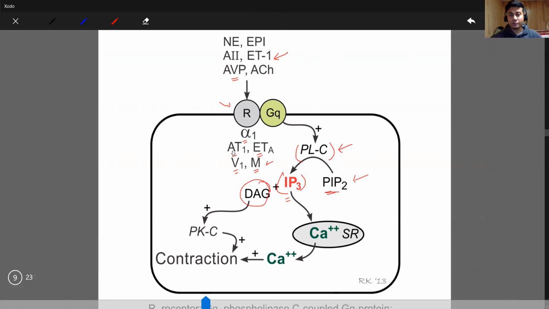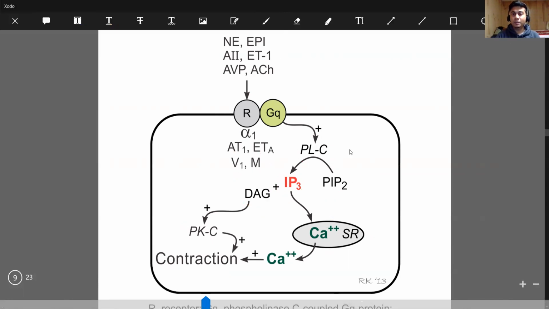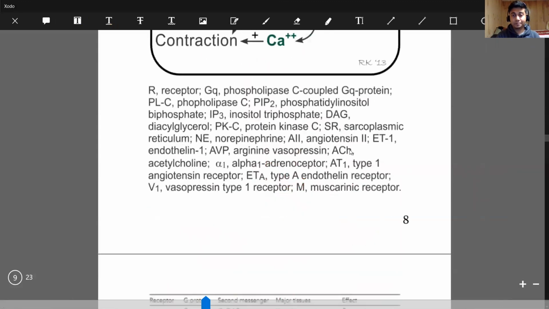This inositol triphosphate works on calcium release from the sarcoplasmic reticulum, or modified endoplasmic reticulum. By the way, sarcoplasmic reticulum is another name for modified endoplasmic reticulum. Now, this calcium does its job, and this DAG, this diacylglycerol, stimulates the protein kinase C to do its job. That's how this Gq coupled receptor works.